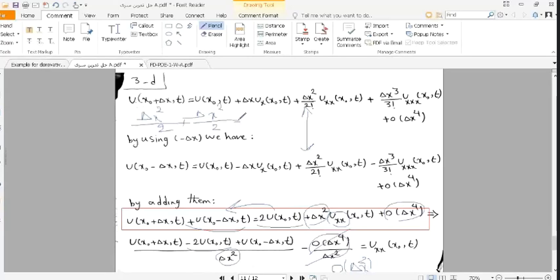And then this term is multiplied by uxx.